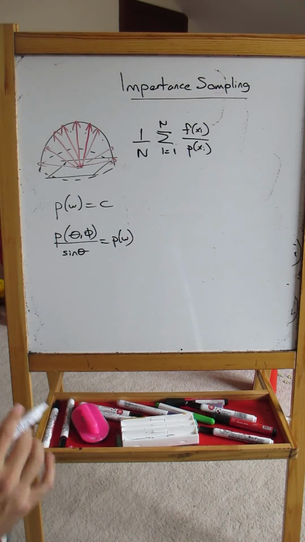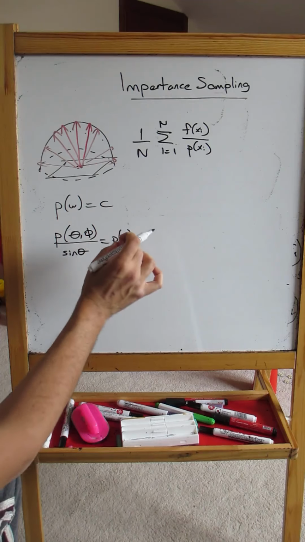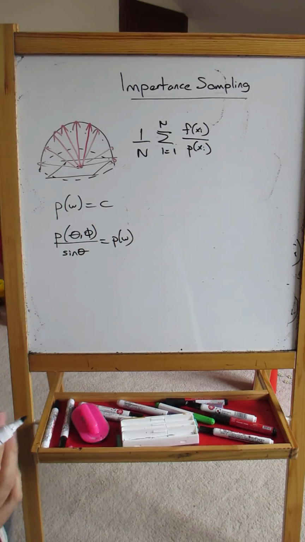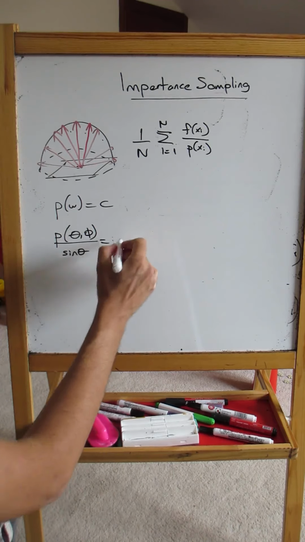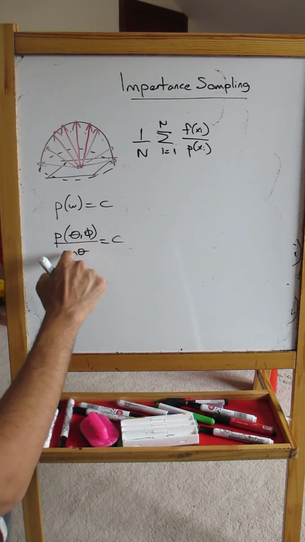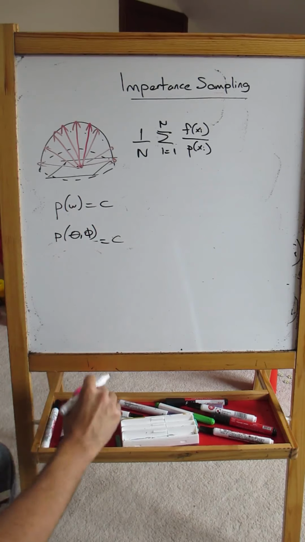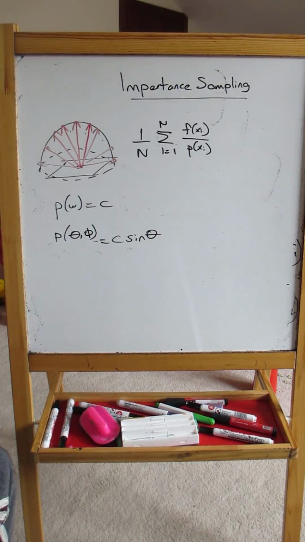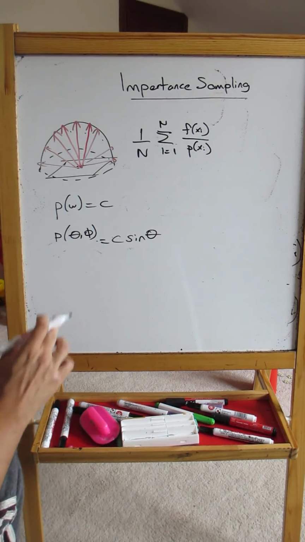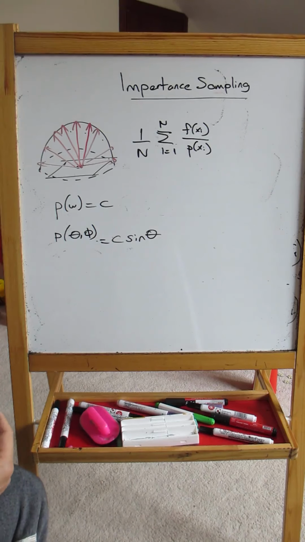This was the Jacobian of the transformation that maps theta, phi to x, y, z points on the surface. Now replacing this with C and moving this to the right, we had this formulation. From here we were able to find how to sample theta and phi.